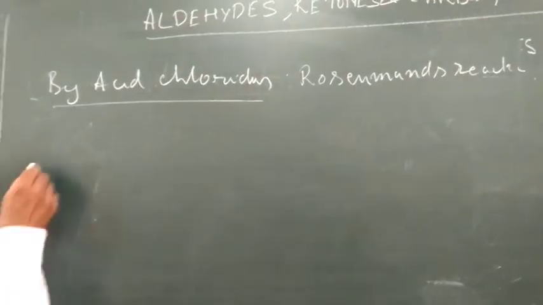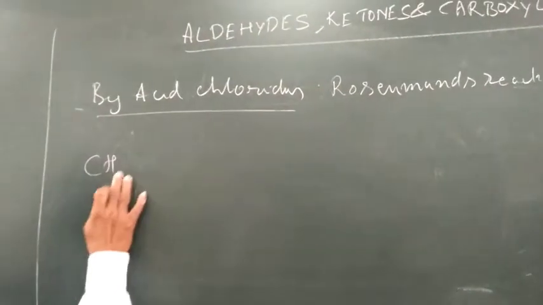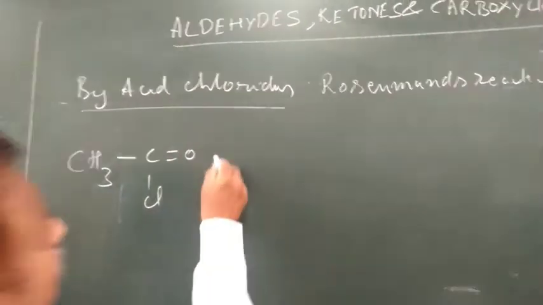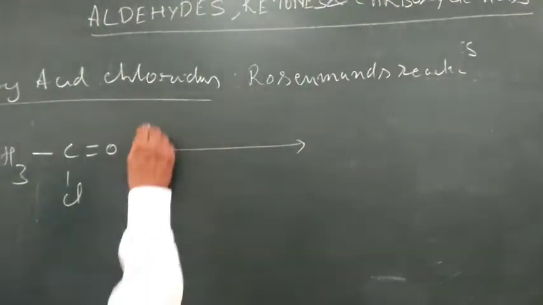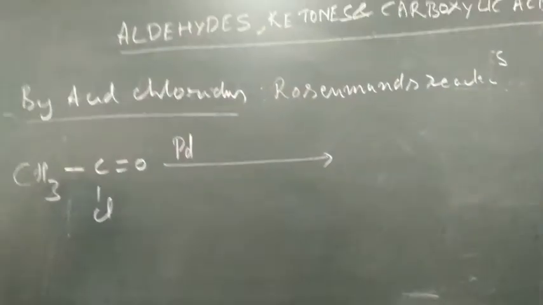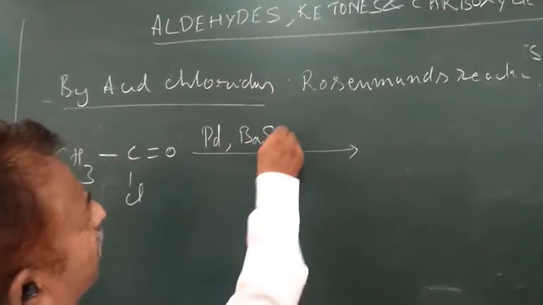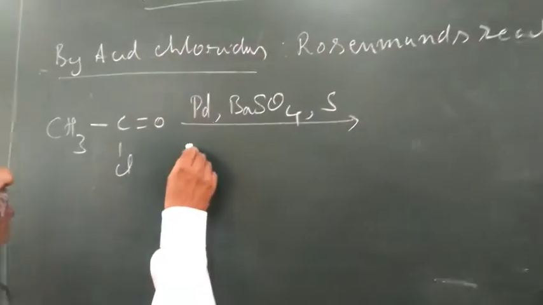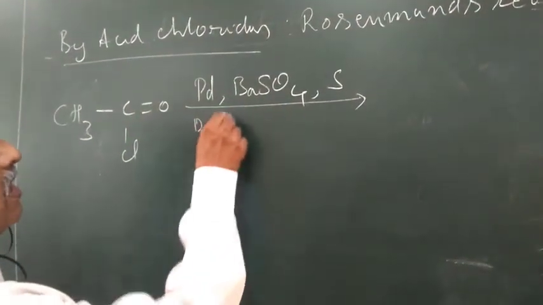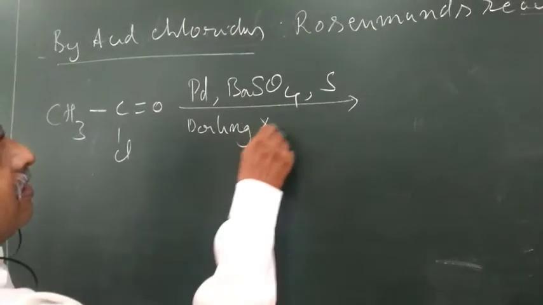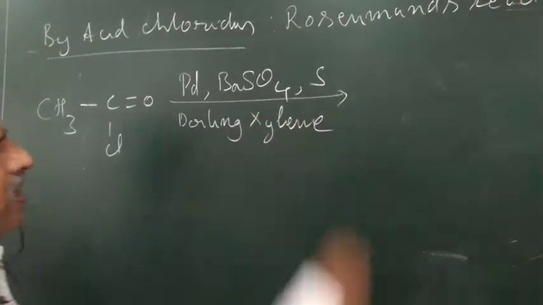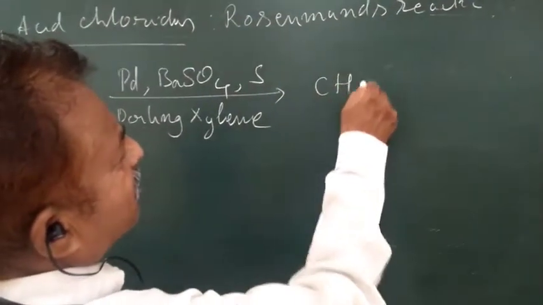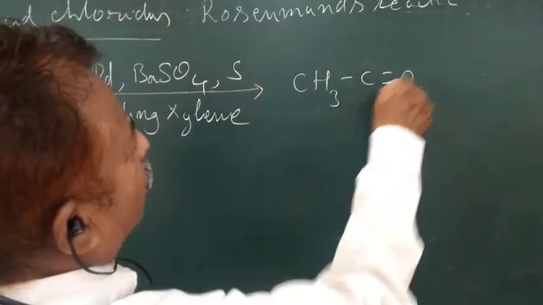For example, CH3C double bond OCl in the presence of palladium catalyst on barium sulfate and sulfur, in boiling xylene, we get aldehyde CH3C double bond OH.